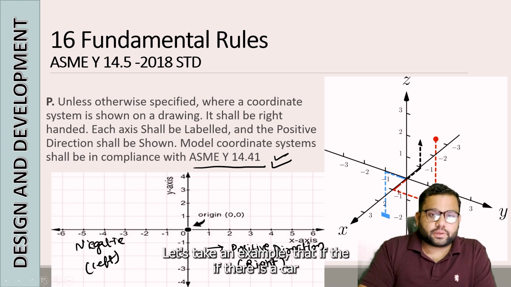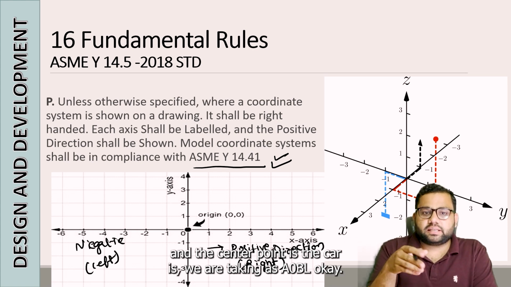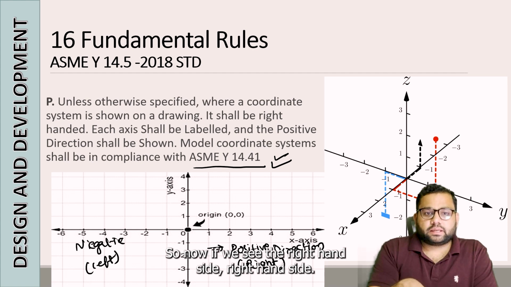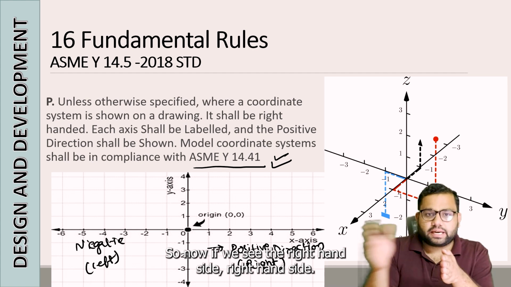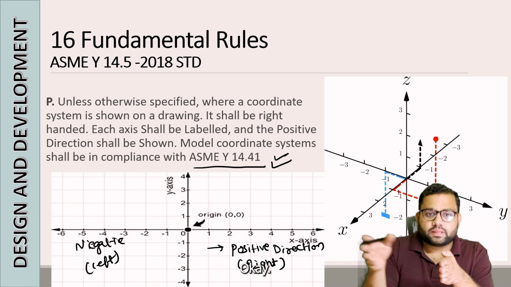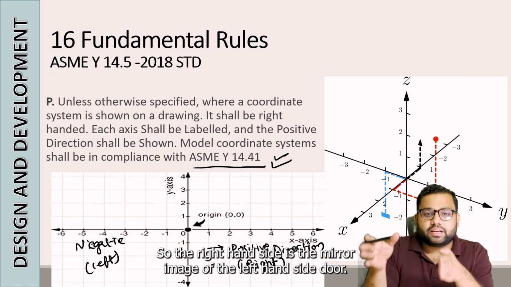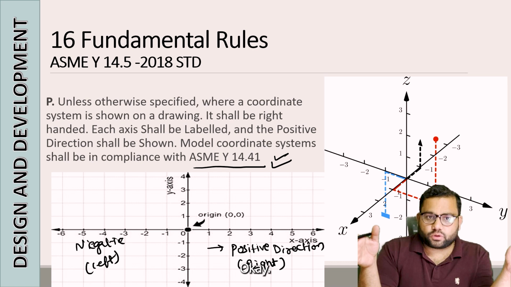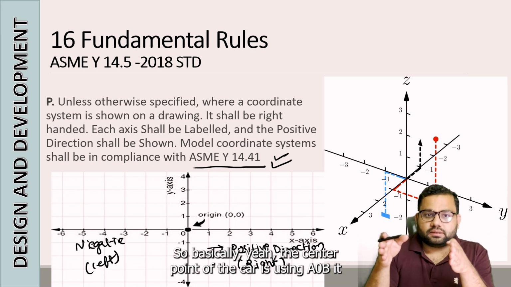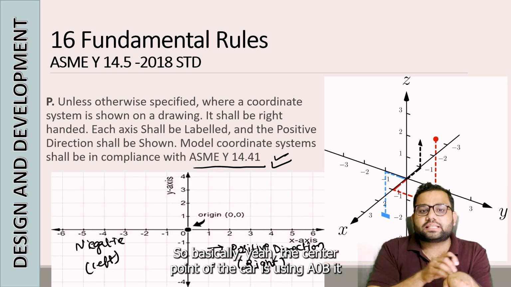Let's take an example: there is a car and we take the center point of the car as 0 BL. The right-hand side door is the mirror image of the left-hand side door. The center point of the car is used as 0 BL.